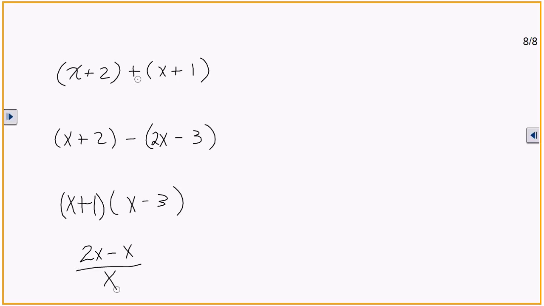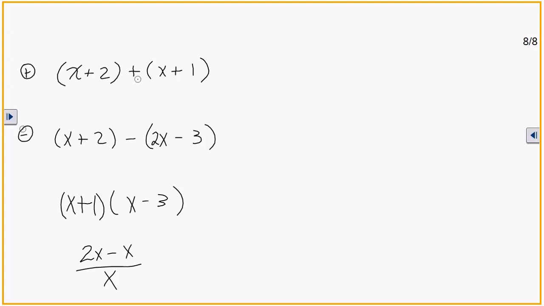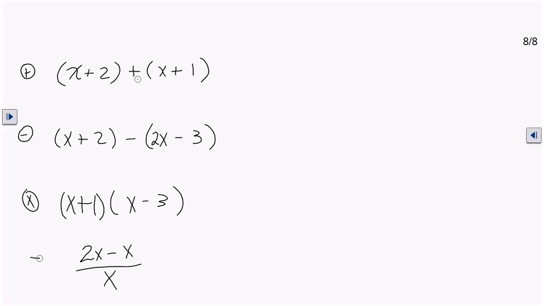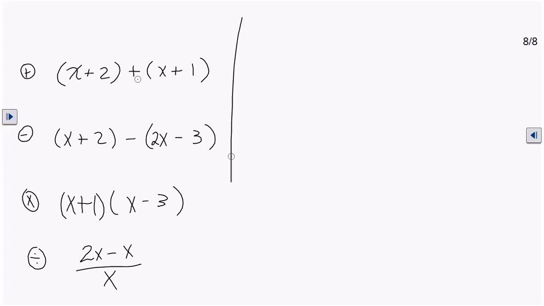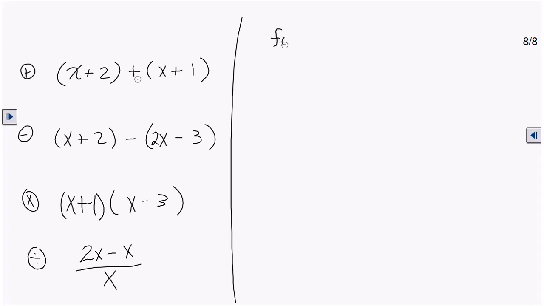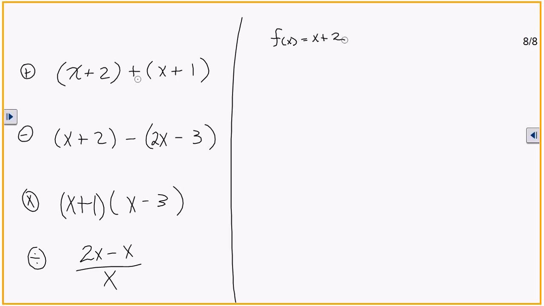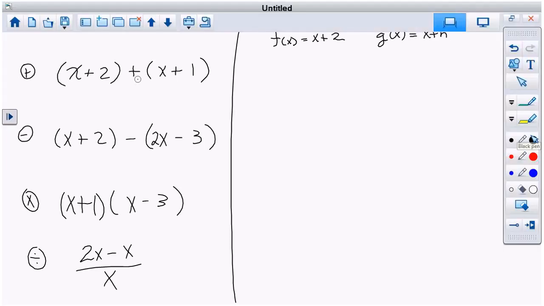Okay, those were addition, subtraction, multiplication, and division. Well, that's the way you did it back in pre-algebra and algebra 1, and now you do it a little bit different. Now you do f of x is equal to x plus 2. g of x, and you can call them anything you want to, is x plus 1. Oops.